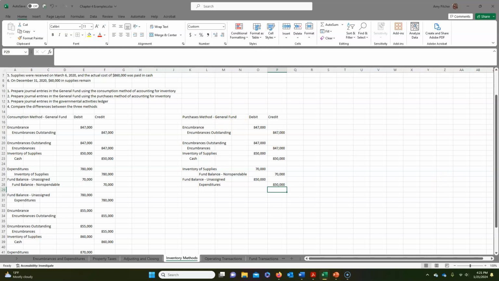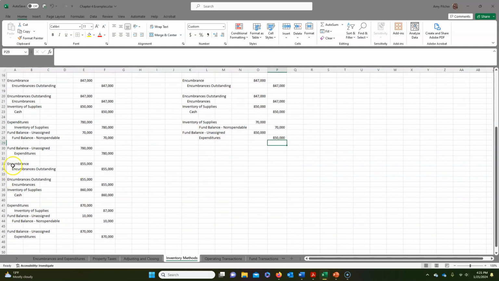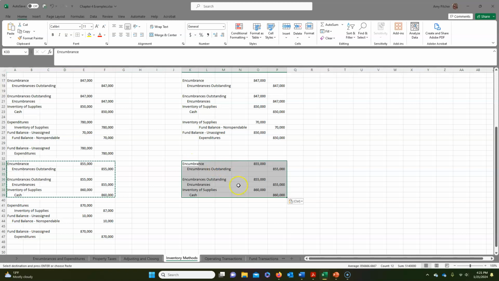Okay. Then the second year, we have exactly the same thing. We have our encumbrances, receipt of supplies, and payment of supplies in cash. And then we have the adjusting entry and the expense.